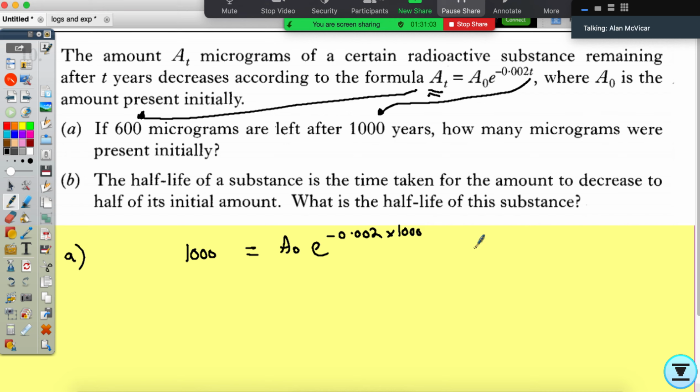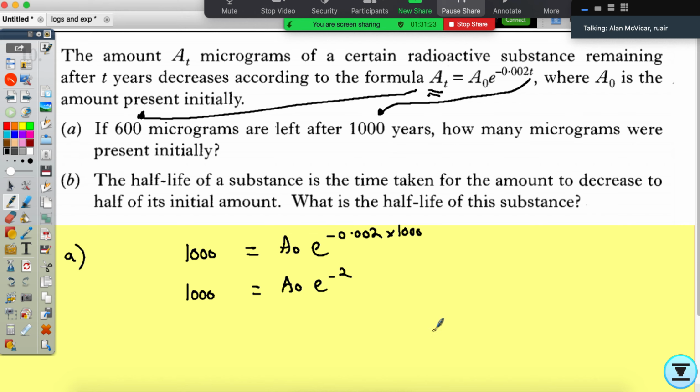Okay? So, 600 equals A_0 e to the power of negative, and I'm just going to put that bit in, negative 0.002 times 1,000. I think that's going to give me negative 2. So that's e to the power of negative 2.